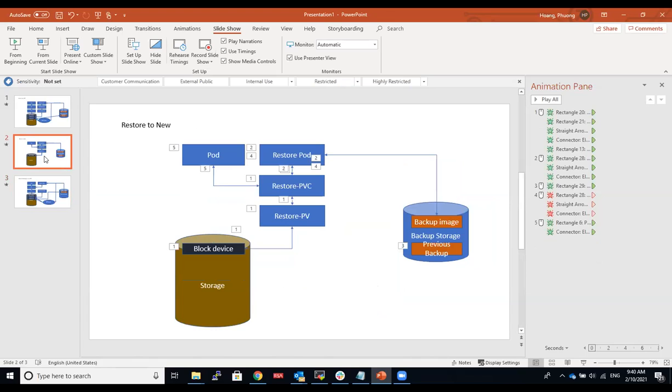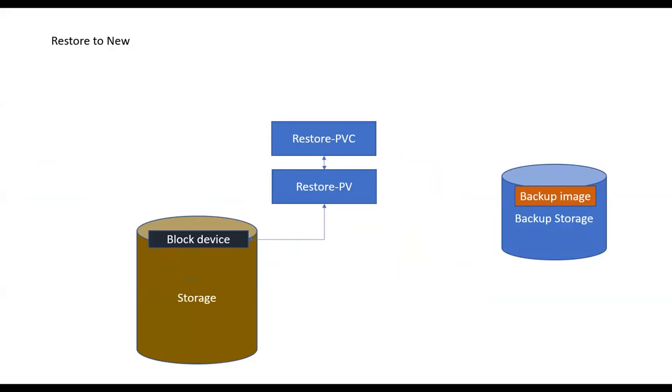Okay, so it's a pod that will finally be writing it. You create a new PV on this new storage, and then a PVC and mount it to a pod, and this pod can now go read from the backup storage. I'm guessing the pod will be from the backup vendor. It will read from the backup storage and write to this PV.